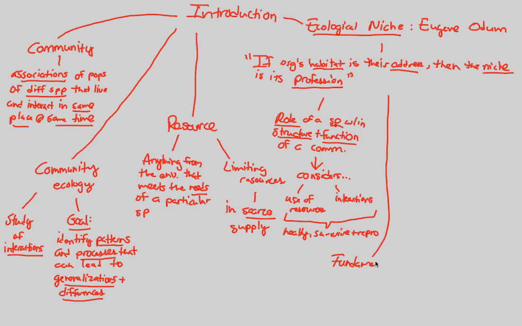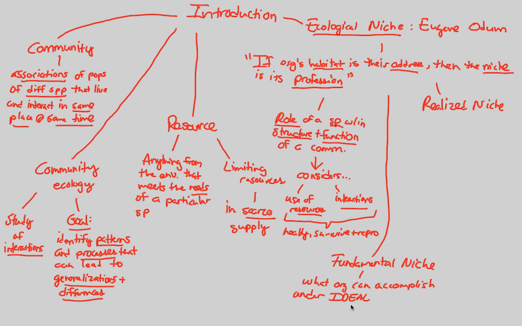There's what we call a fundamental niche, and there's also what we call a realized niche, both of which are important when studying community ecology and these interactions and use of resources as mentioned before. A fundamental niche is what an organism can accomplish, and it's fundamental because it's what it can accomplish under what we would consider ideal conditions.